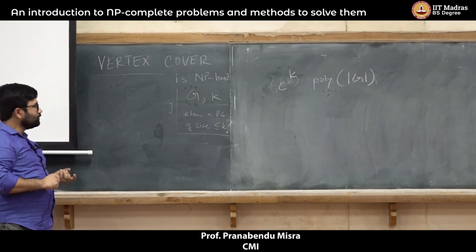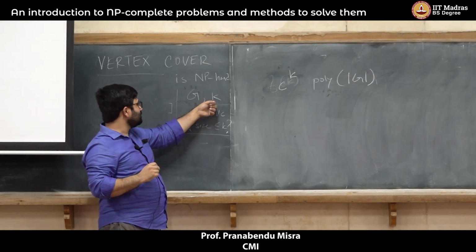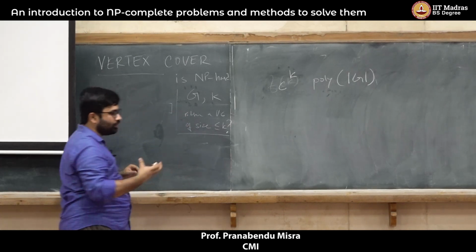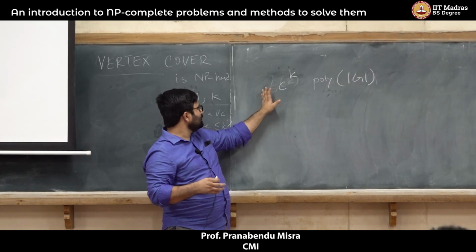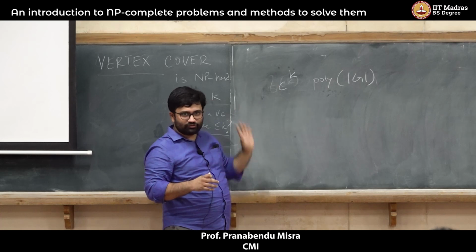If k is a much smaller number compared to the graph size, so you have a very large graph but you want to find a very small vertex cover in it, then this algorithm runs in a reasonable amount of time. It's slower than polynomial, but it is still very, very efficient.